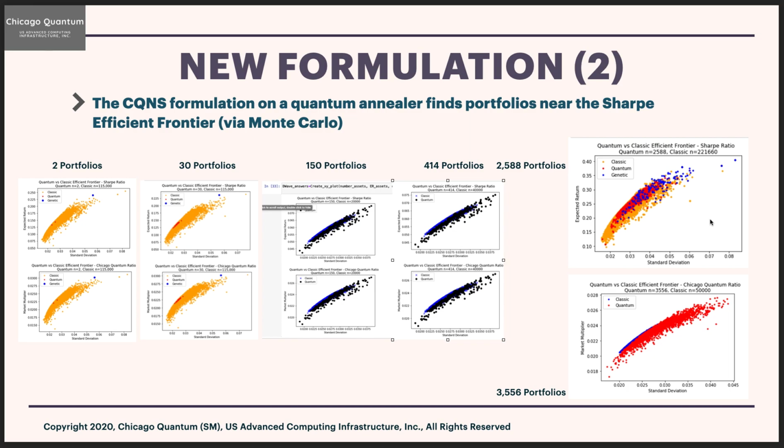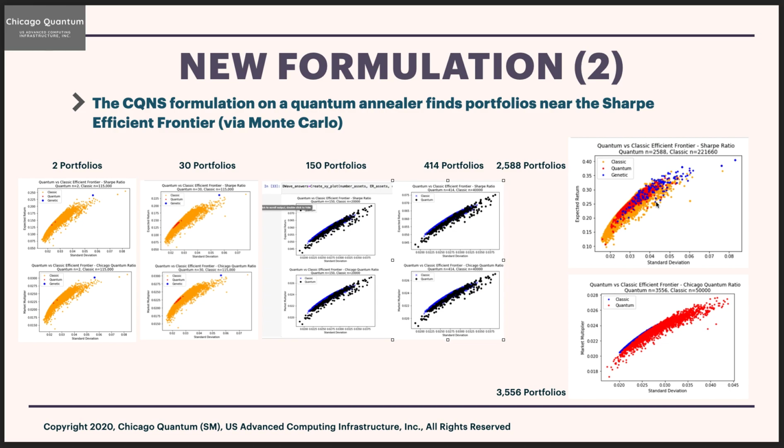Now, the data sets we use for our papers, one of them is 2588 and the other is 3556. You see that 2558 and 88 DWave responses are in red. They almost completely cover the efficient frontier that's in yellow, and the yellow is 221,000 plus portfolios that were found not just through Monte Carlo, but through a fat-tailed Monte Carlo.